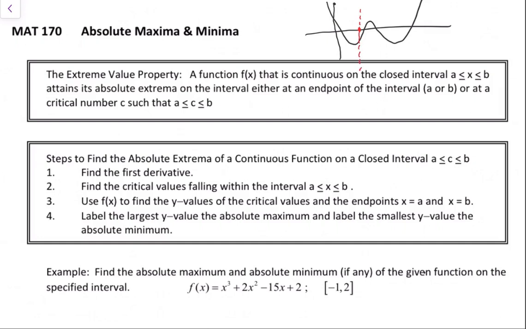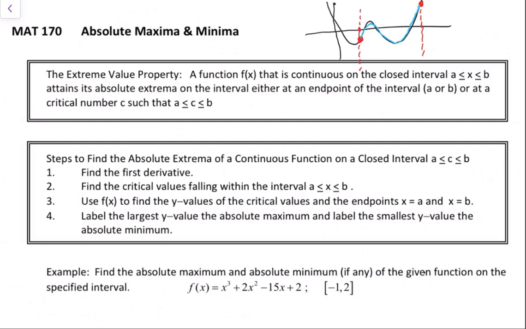And then I'll pick a spot over here and call that my other endpoint. So we're only looking at the curve that lies between this endpoint and this endpoint. So we're only considering this portion of our curve. And we want to try to find the highest point and the lowest point in that interval.